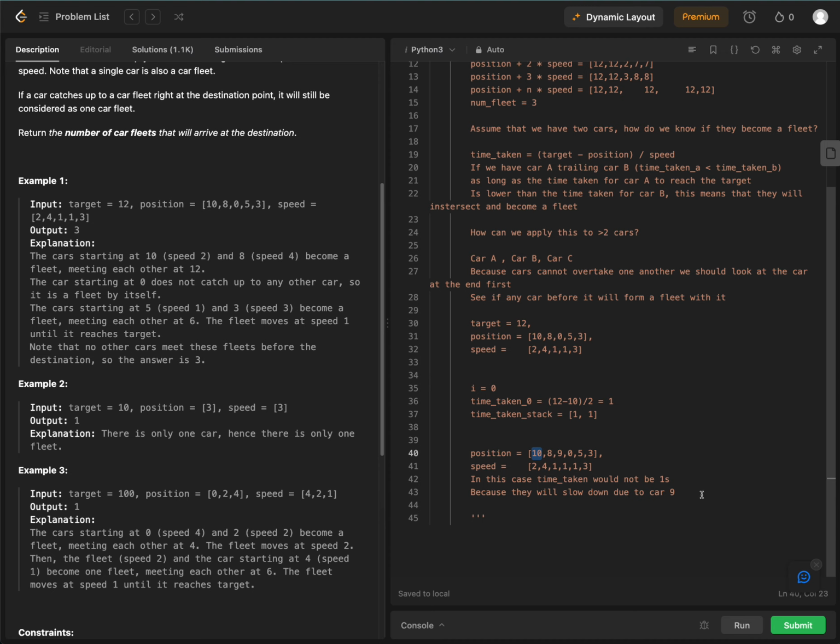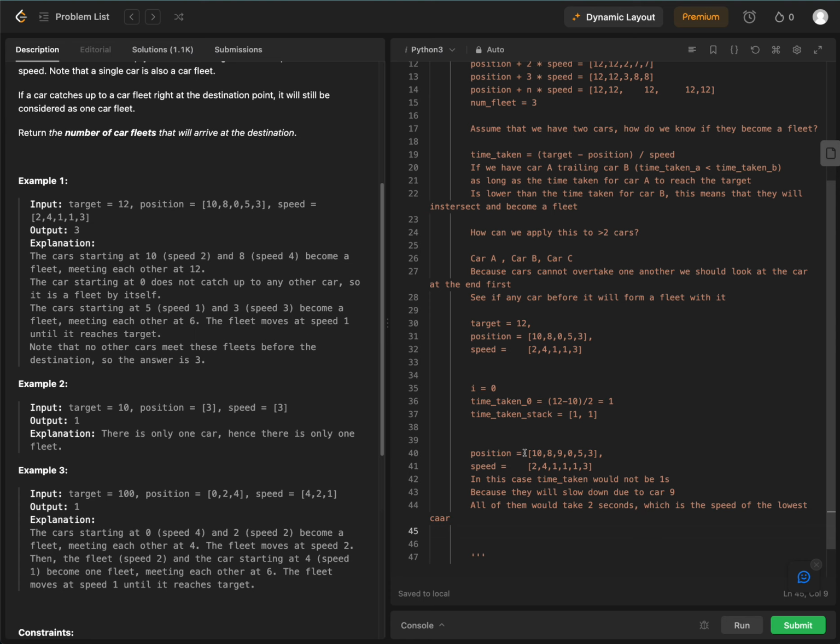Essentially all of them would take 2 seconds, which is the speed of the slowest car. Essentially, this is the problem. We need to look forward and see what is the speed of the slowest car if we are approaching the problem from the front to the back.